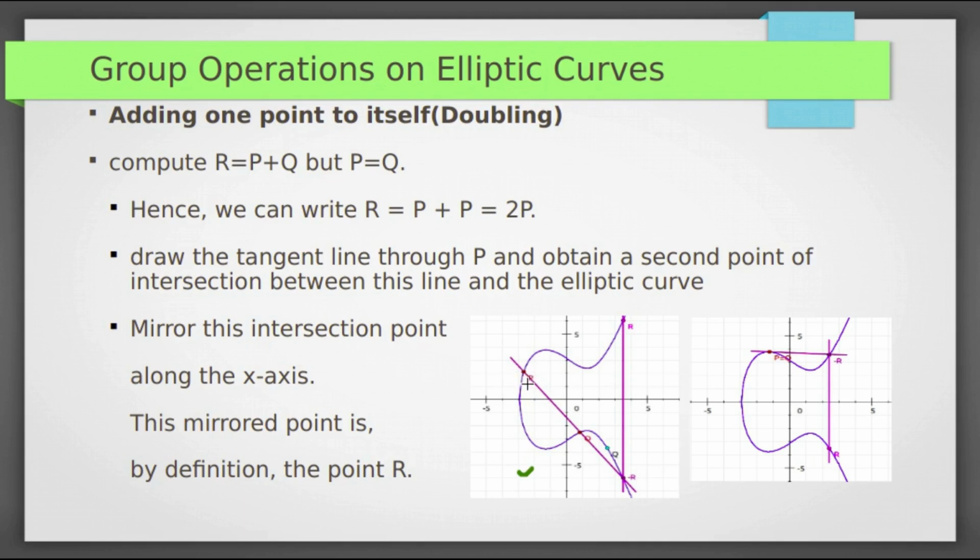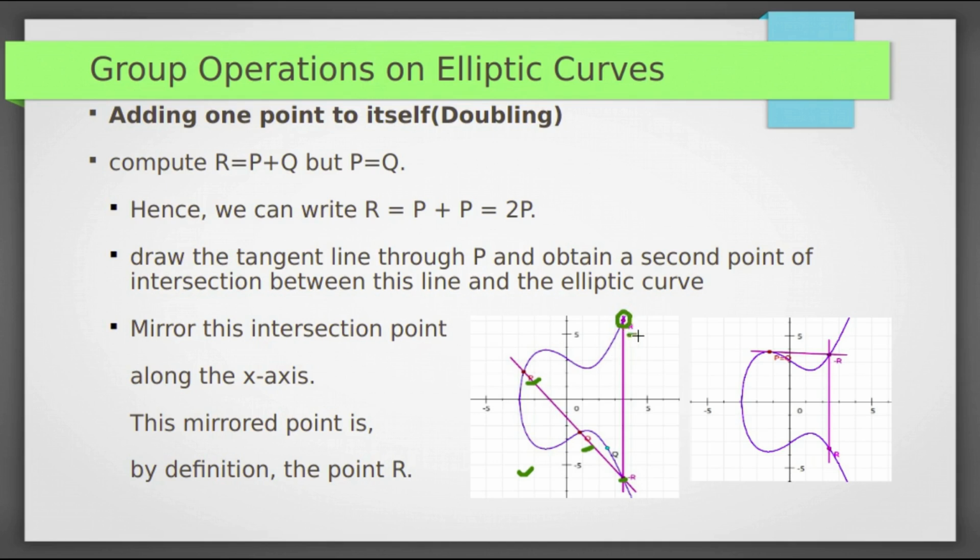P is point 1 and Q is another point. This P and Q are different. Draw a line through these 2 points. It will intersect the curve at a point. Here it is minus R. Take the mirror along the x-axis. This will be the result of P plus Q.